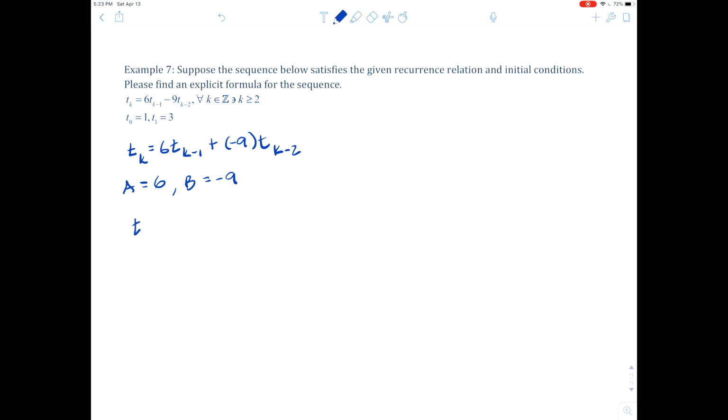We'd be working with, remember our characteristic equation is t squared minus a times t minus b is 0. So t squared minus 6 times t minus negative 9 is equal to 0. And our a was 6 and our b was negative 9.